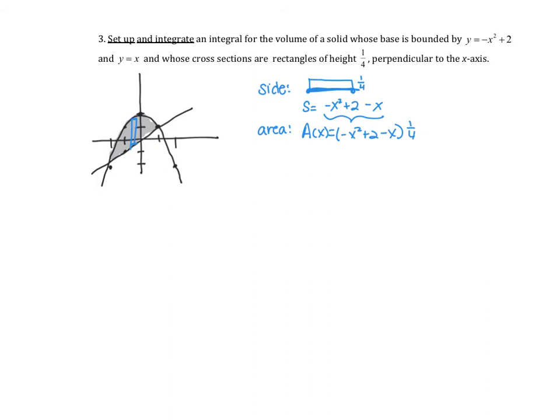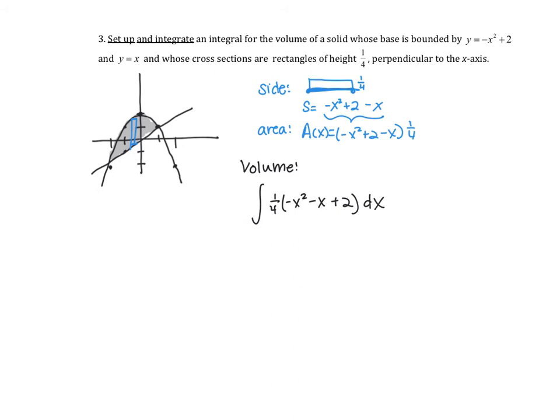Now for the volume, when I go to write the volume, I would take the sum of all the rectangles who have an area of 1/4 of negative x squared minus x plus 2. I needed it to be in descending degree order, dx. So there's my volume, except what am I missing?